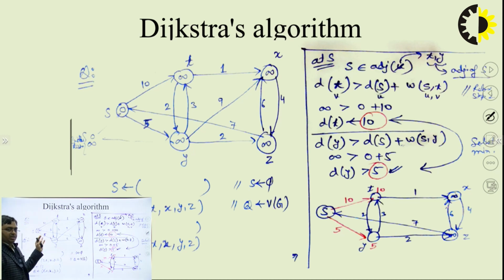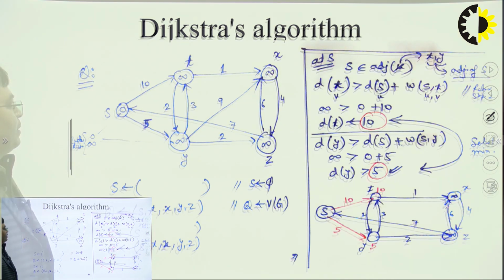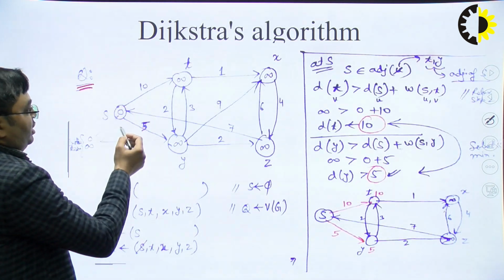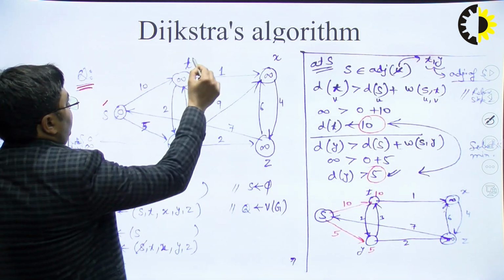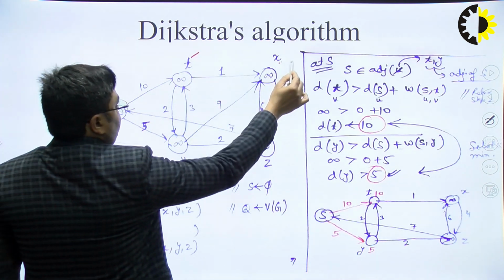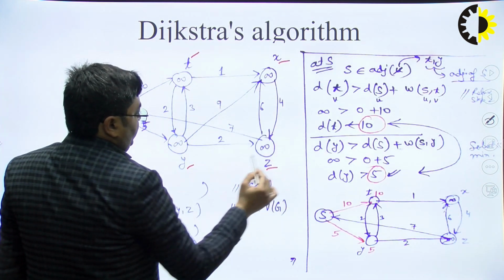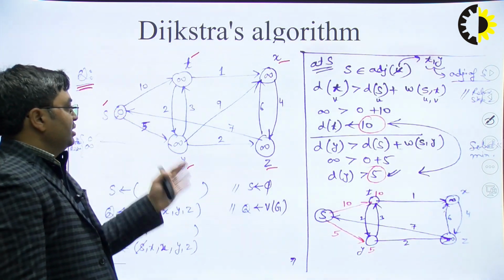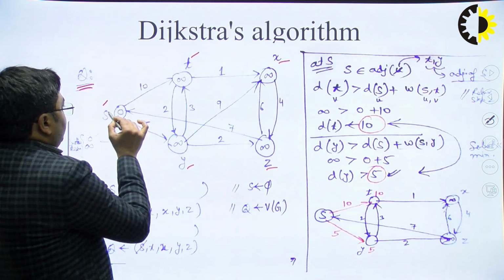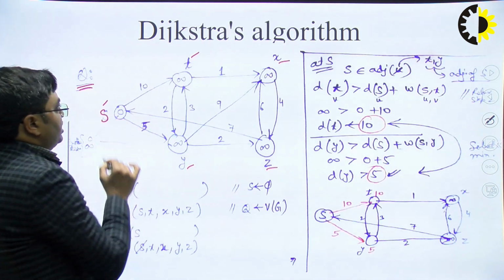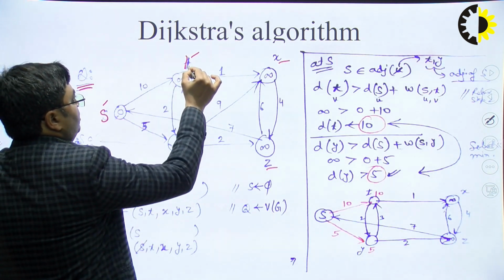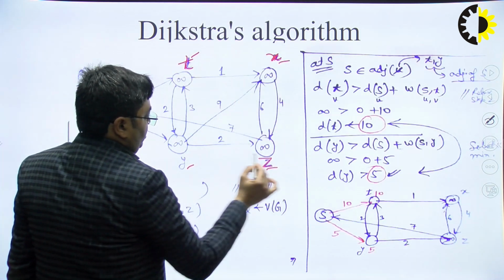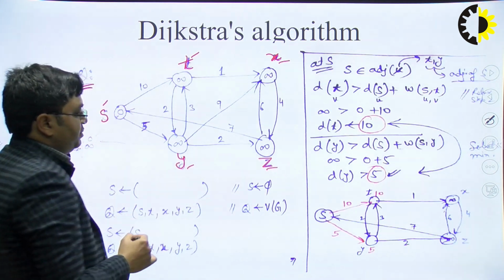Now we can see this with an example. We have this question with S, T, X, Y and Z: five nodes in this graph. This is the source node S, this is the T node, this is the X node, this is the Z node, and this is the Y node.